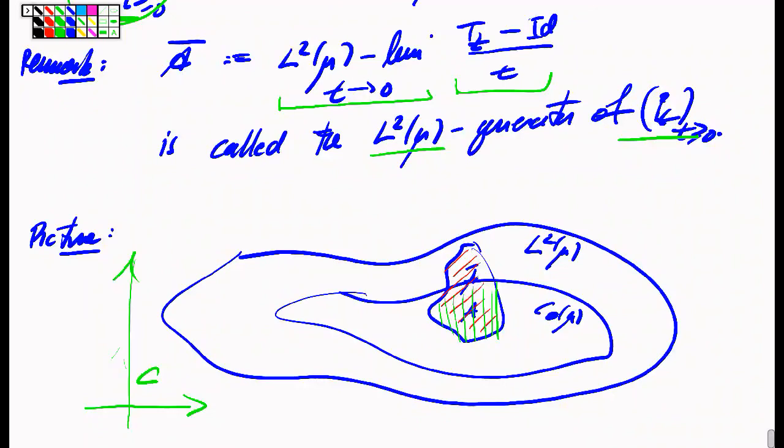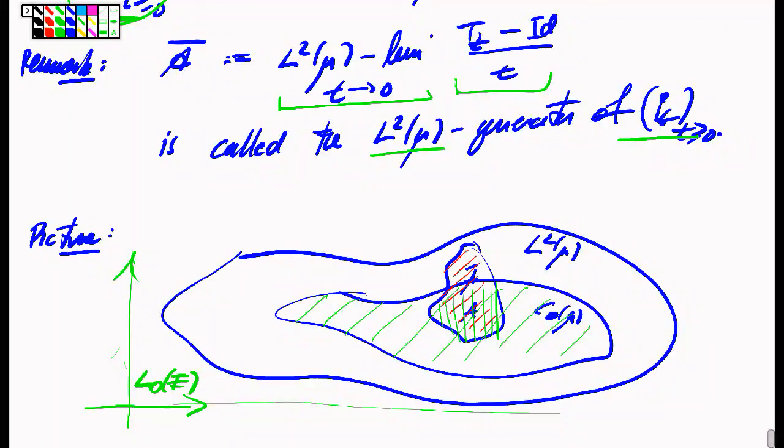The symbol for all measurable functions is sometimes L naught of the topological space E. So that's a huge space of all possible functions, and in this collection we have a certain subset, which is the collection of all continuous functions vanishing at infinity. And in this subset, we have a further subset, which is the domain of our Feller generator. And here we can do Feller semigroup theory.